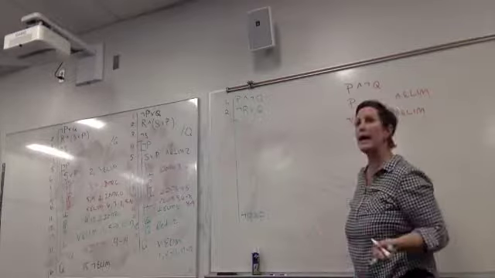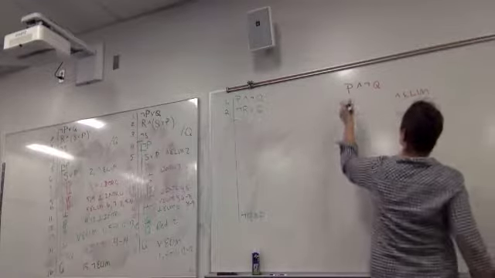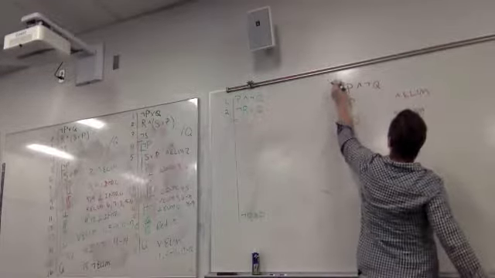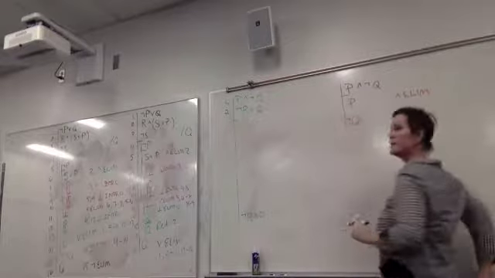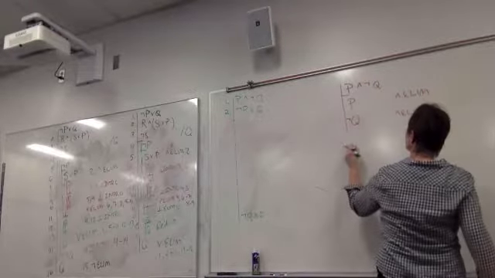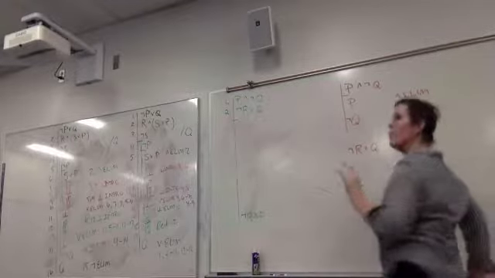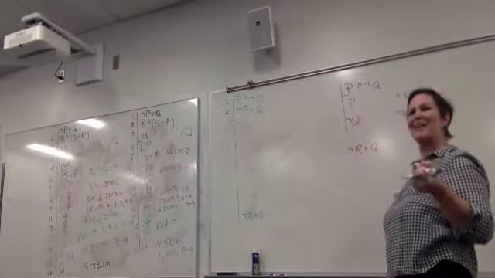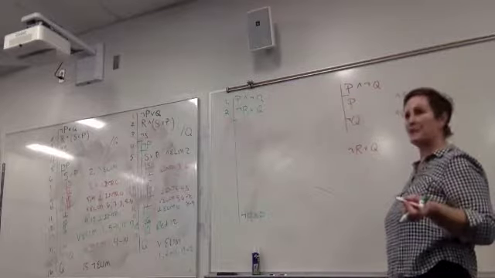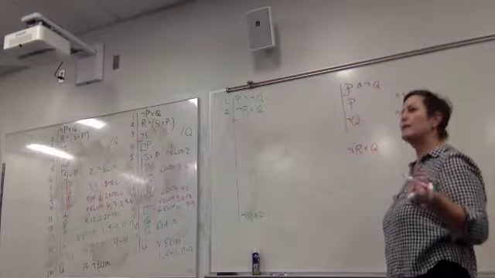Okay. Now let's take a look at not R or Q. Well, what do I know about a disjunction? Without knowing what I'm after, what do I know about a disjunction?